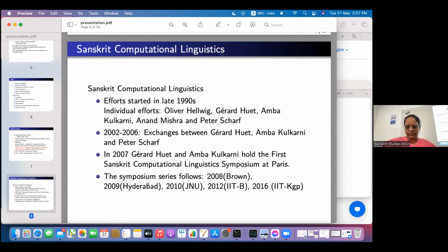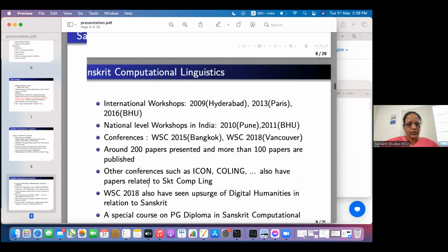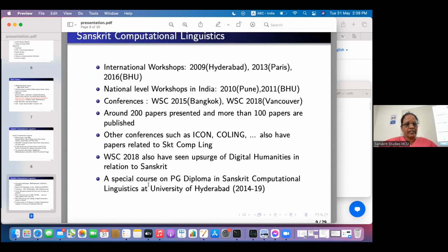It was followed by several other symposia in various institutes. We also had international workshops. So far, more than 200 papers have been presented and more than 100 published, just from the symposia.